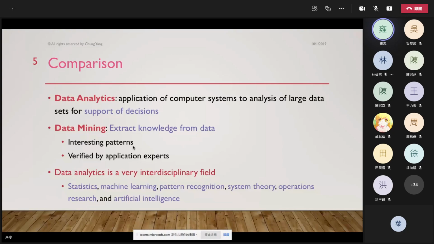The special thing is usually when we do data mining, there is no specific goal, for example, how many categories we are going to classify the data into. But we apply data mining algorithms on the data.